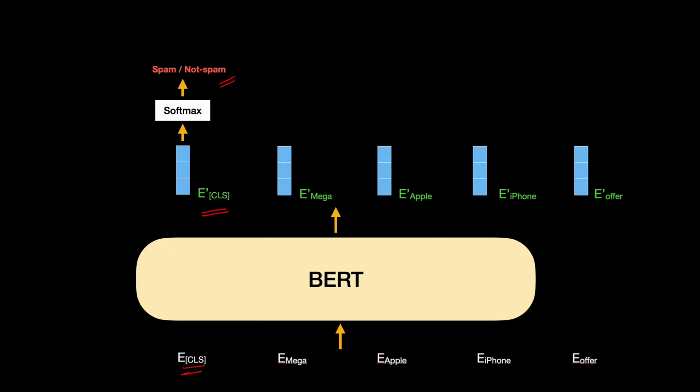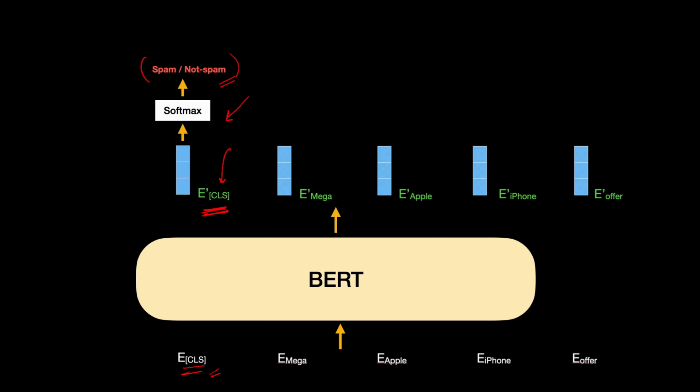In a way, we can say that this CLS token might be a summary-like representation of the input, because this summary-like representation can be used for spam and not spam classification. And this way, instead of blindly using the average pooling layer, we are dynamically absorbing the relevant context. It's a smart move, right? I know you might be wondering, how does the CLS know which relevant context to absorb?